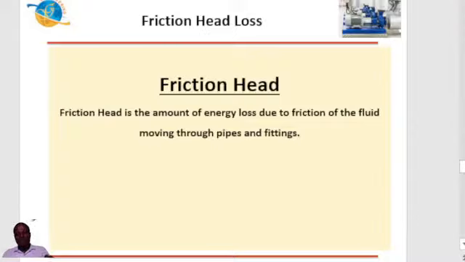Now, with the frictional head being taken into account, your total head should be the difference between the discharge head and the suction head plus the friction head. And all this, of course, must be less than your shut-off head.